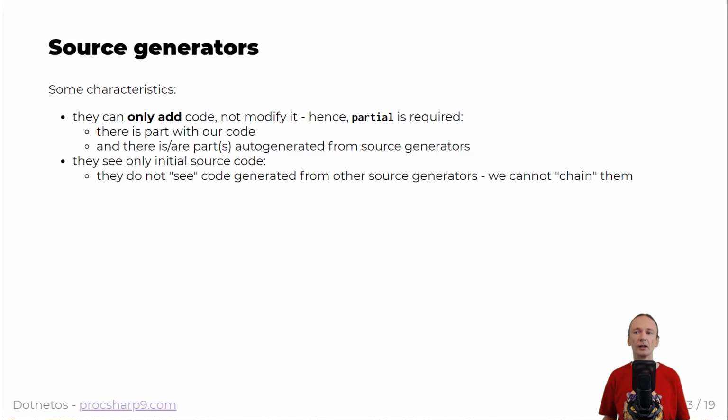That's why we require partial types and partial methods, because there will be part of your own code that is just your regular code that you would like to use, and it needs to be partial because the source generator will generate another set of files, or maybe one file, logically at least, that is another part of your partial class where the source generator puts the code that is being added to be compiled.